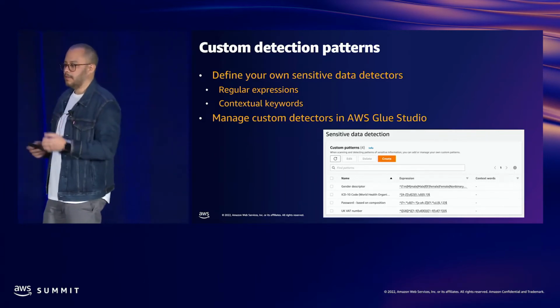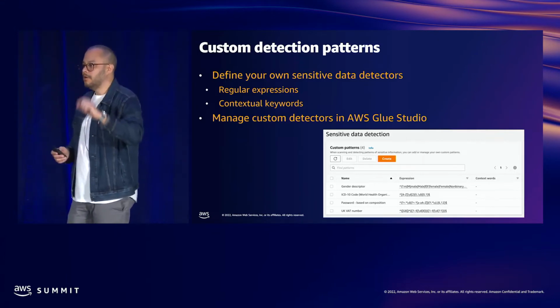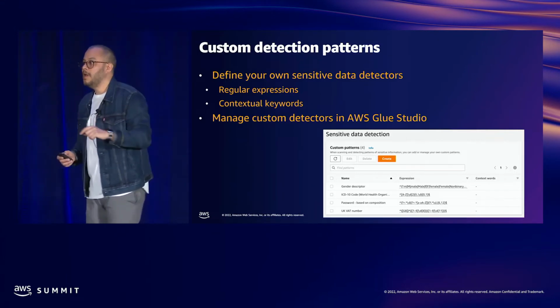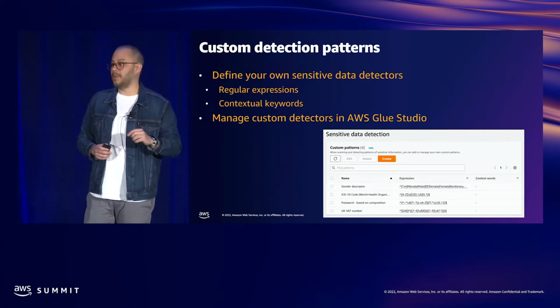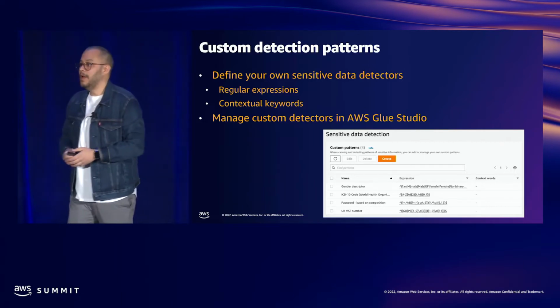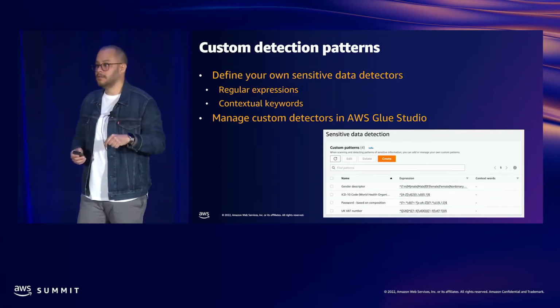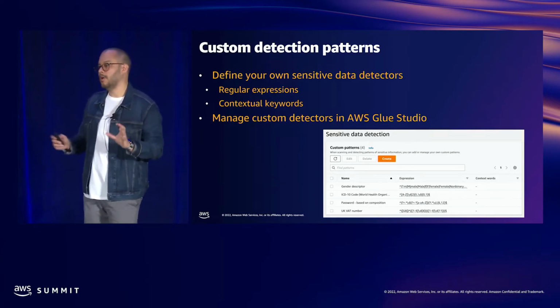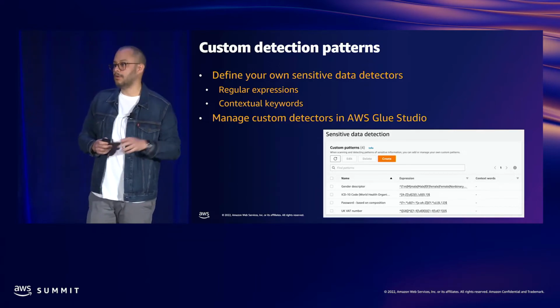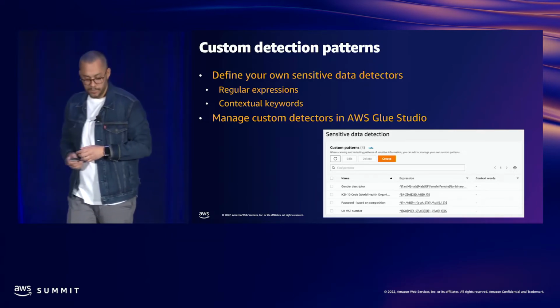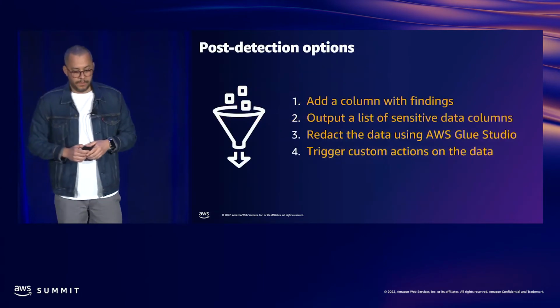For example, you can put the word driver, the word license, and if you want to identify a driver license from a specific state, for example, Florida, you can add the word Florida. All those words are going to help Glue identify your sensitive data or your custom pattern.